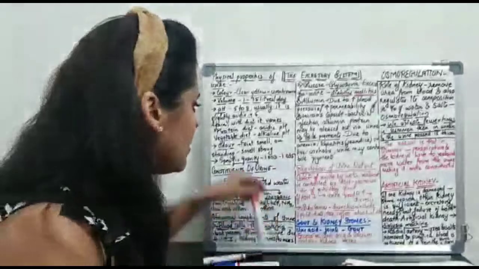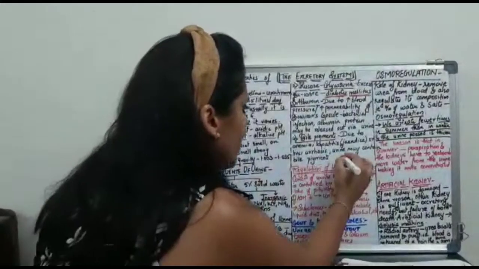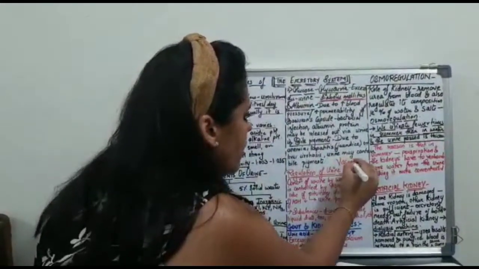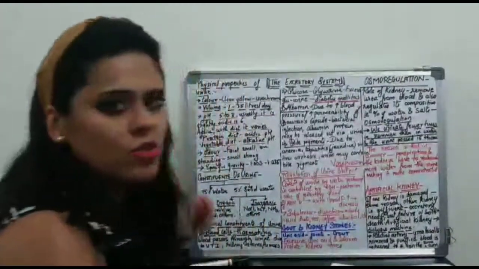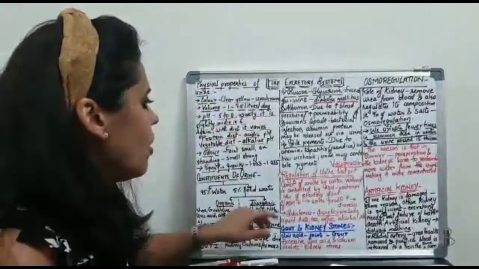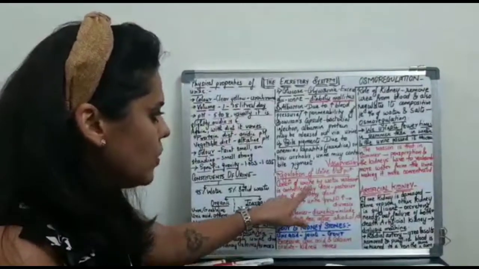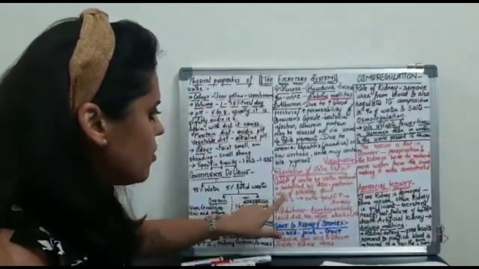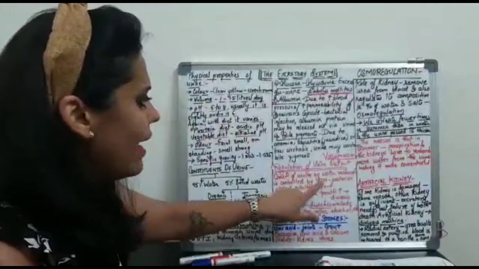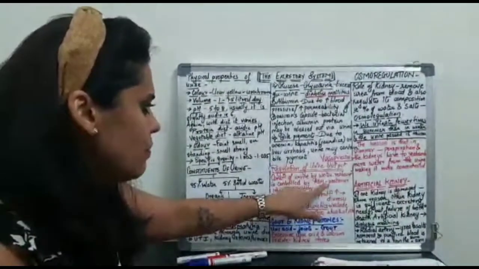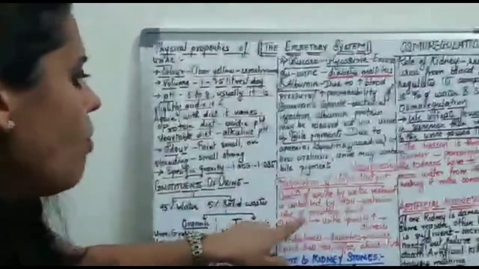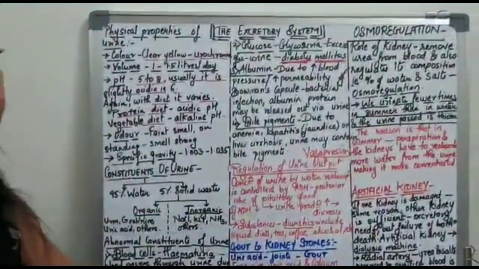I have not written the other name, but I'll mention it here for you all. The concentration of the urine by water reabsorption is controlled by ADH, which is released by the posterior lobe of the pituitary gland.